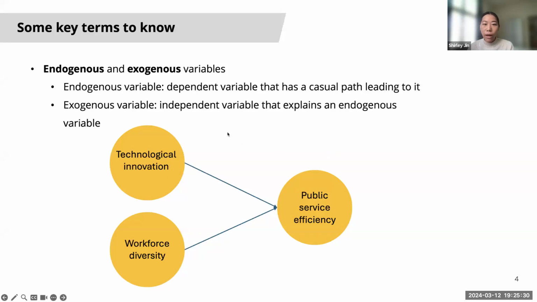We have two IVs, independent variables, technological innovation and workforce diversity, and we have a dependent variable, which is public service efficiency. So in this model, you can see that the endogenous variable is the public service efficiency, right? And the exogenous variables are technological innovation and workforce diversity. This is endogenous variable and exogenous variable.